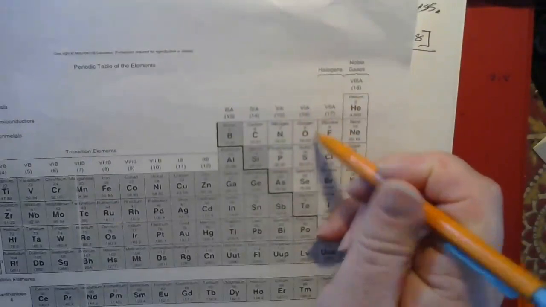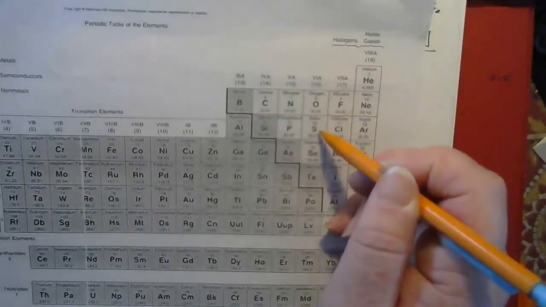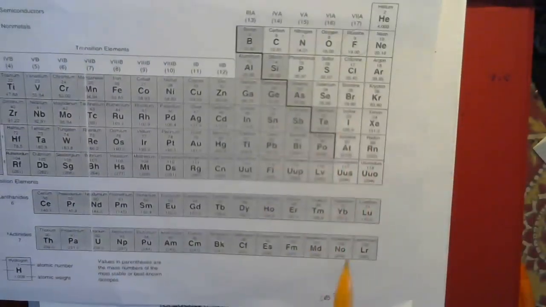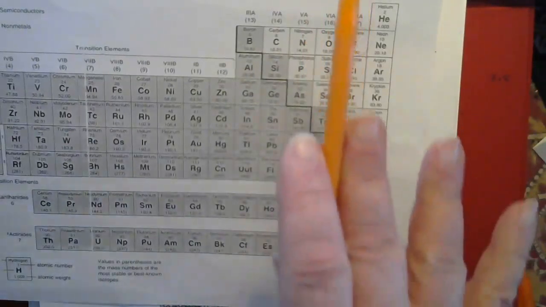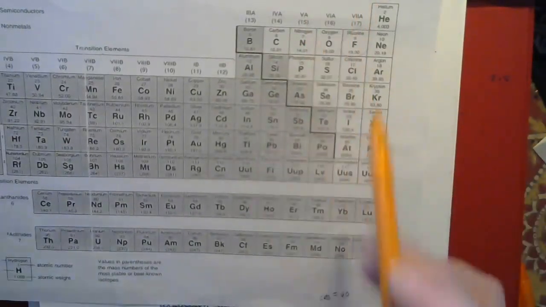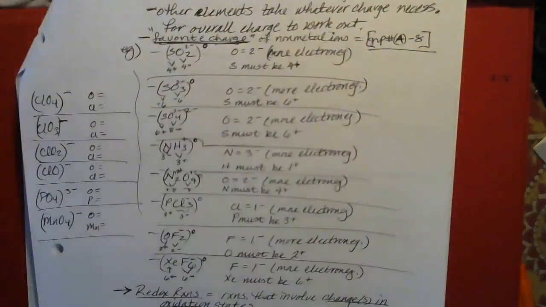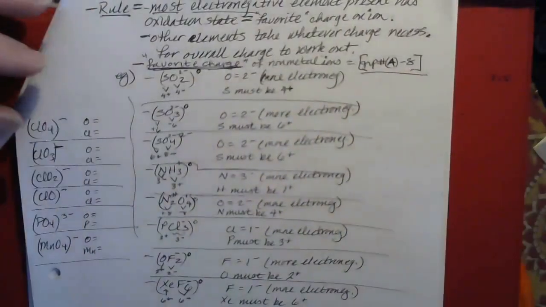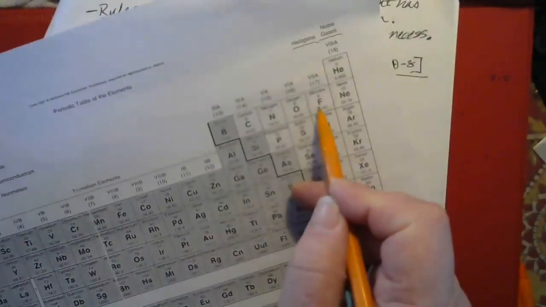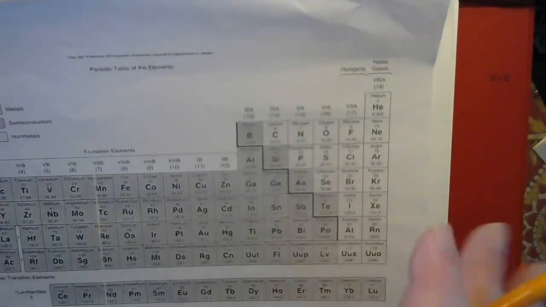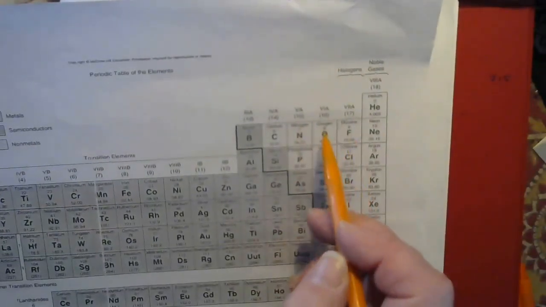And sure enough, oxygen is above sulfur. And remember, the trend is that electronegativity increases going up a column. So sulfur should be less electronegative than oxygen. And it is. Oxygen is actually second only to fluorine in terms of electronegativity out of all of the elements. First is fluorine, second is oxygen, and then chlorine.